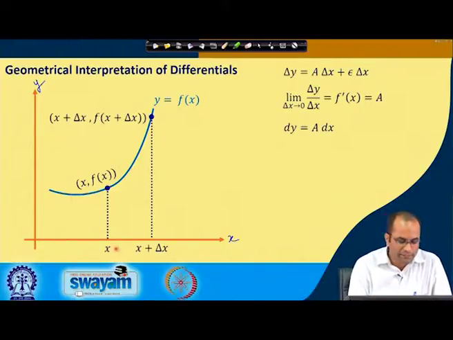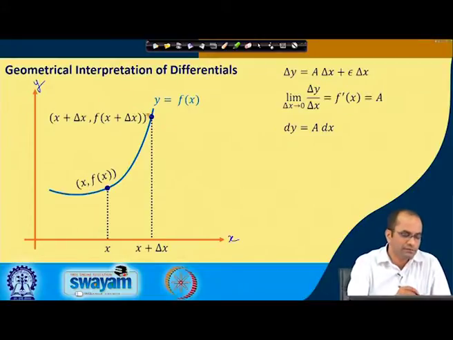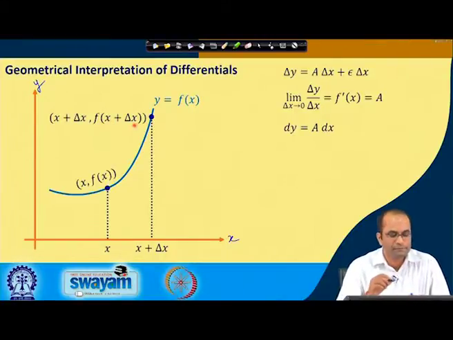Then we make an increment in x by delta x. So we have another point here, x plus delta x, and the value of the function is f(x plus delta x). So this point has x coordinate x plus delta x and y coordinate f(x plus delta x).